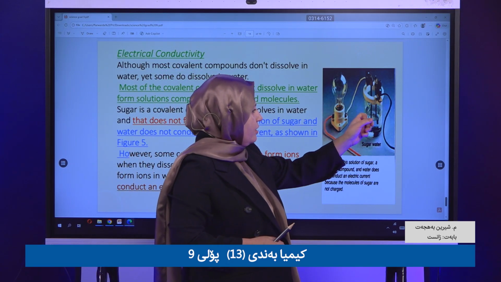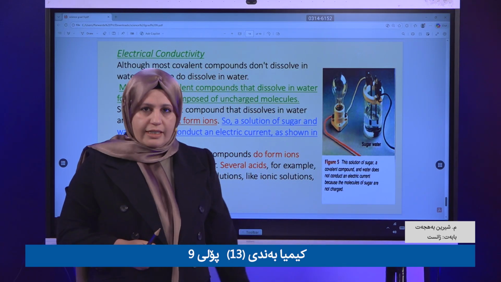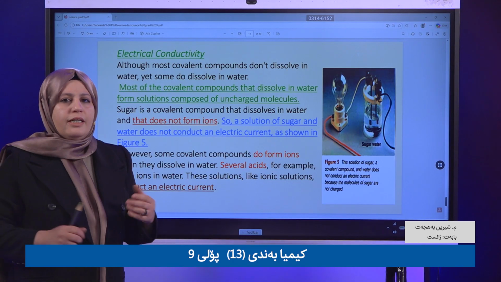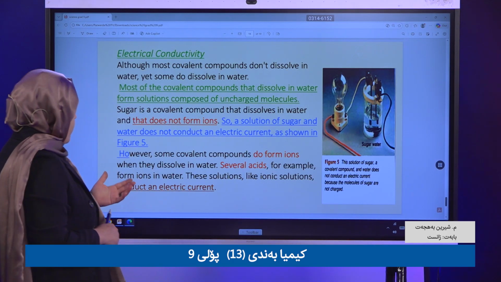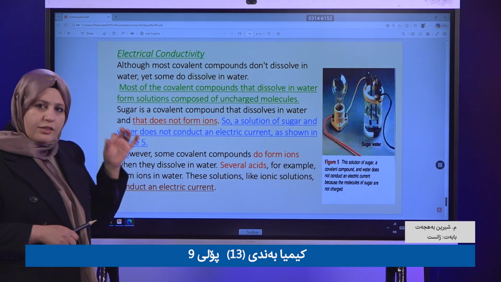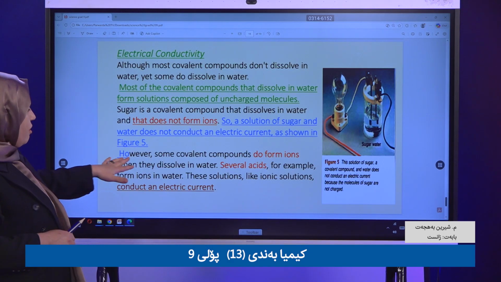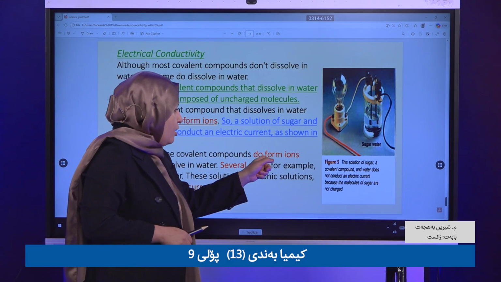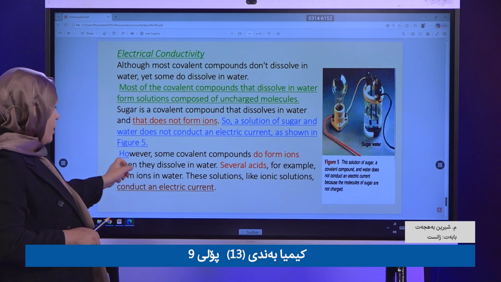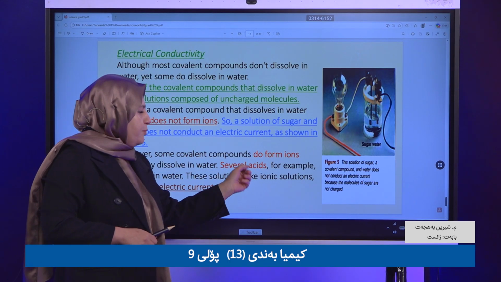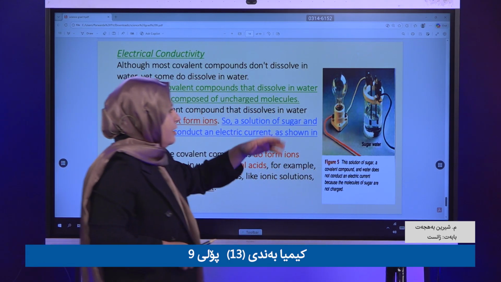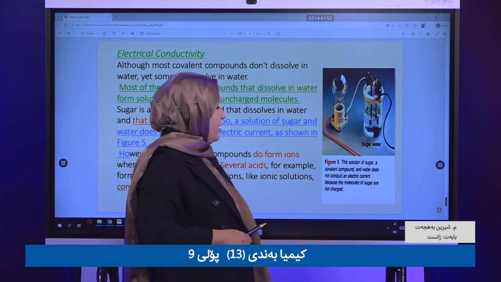Because the solution does not conduct, because it does not make any ionic charge. Okay, but it's very important for the national exam. You should know this. However, some covalent compounds do form ions. Which ones? Several acids. If you put an acid into water, the lamp starts to turn on.